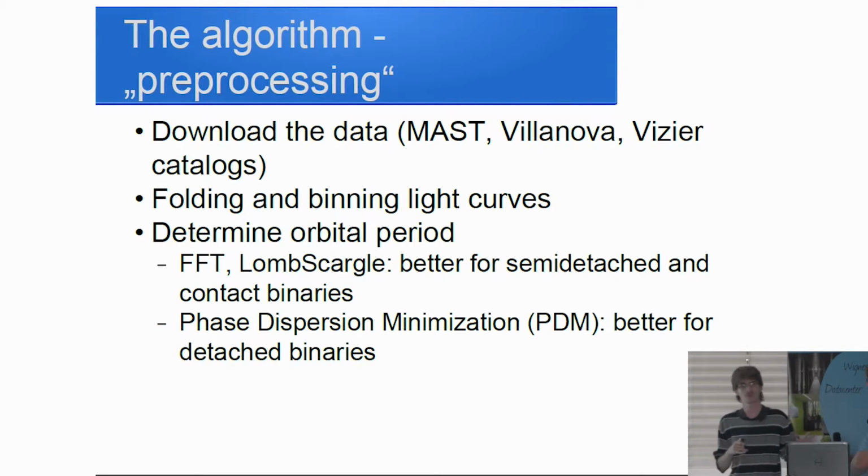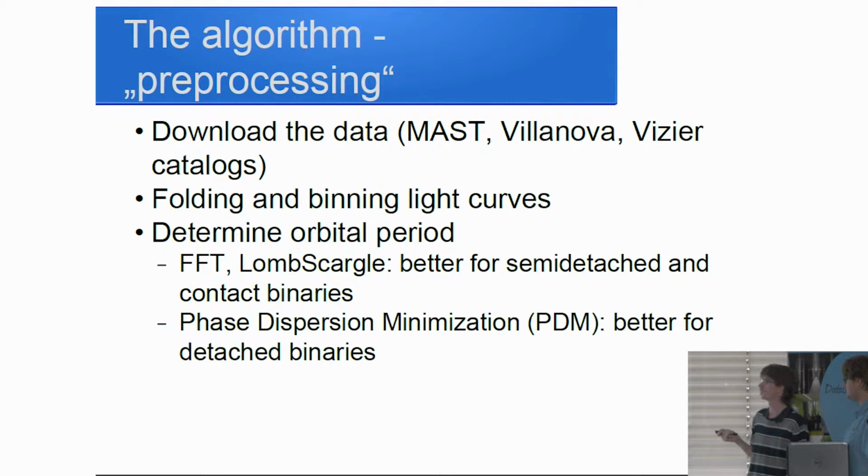We have a lot in common in our work with Tamás. These steps are common for us. After downloading the data from the databases, we have to fold and bin the light curves. But before we can fold and bin them, we have to determine the orbital period of the binaries, and it is done by FFT or Lomb-Scargle methods.